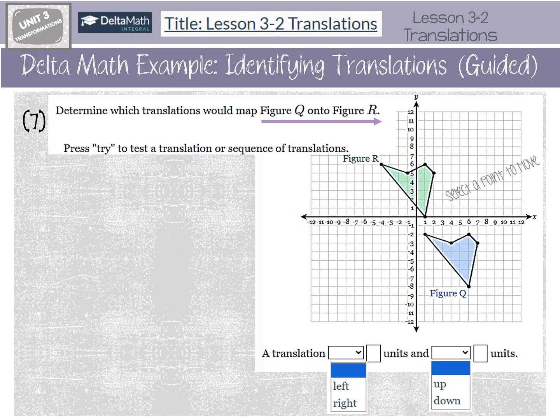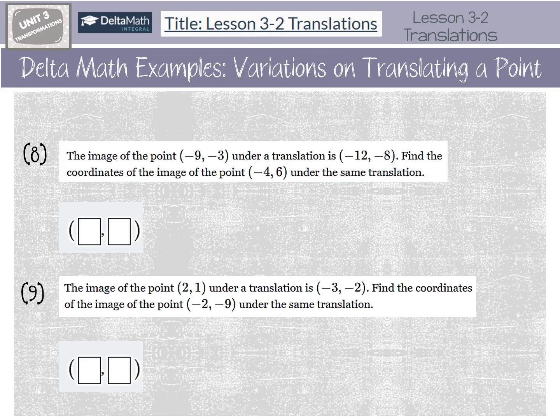So pick a point that you are going to be counting from. So I used that point right there, and I went left 5 and up 8 to get to its corresponding point. So I would select left 5 and then select up 8. And that's how you would fill in that problem.